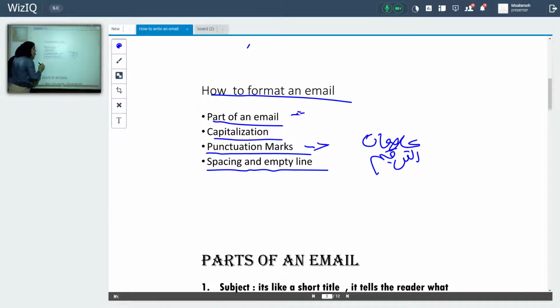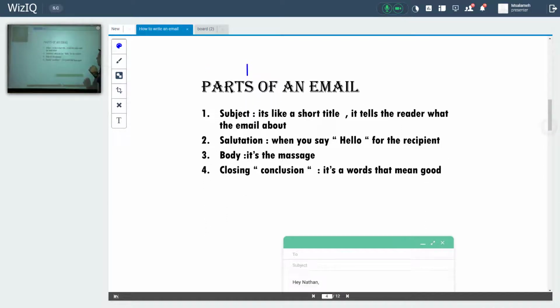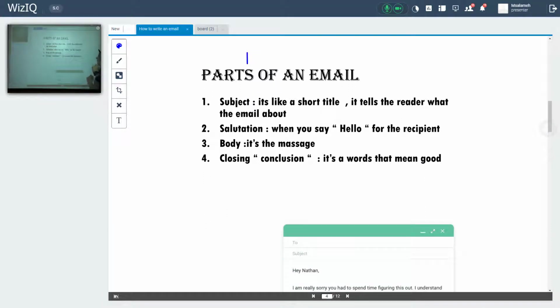Spacing and empty lines, يعني الفراغات اللي أنا راح أحطها بين الفقرات. When should I leave a space between the paragraphs, the parts of the email? Let's take it. Okay.